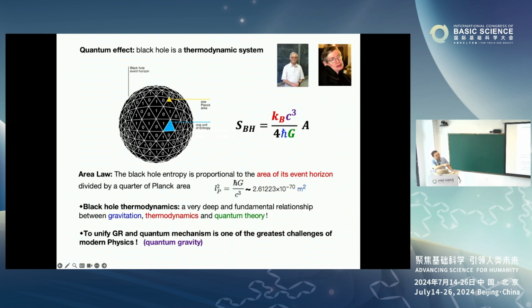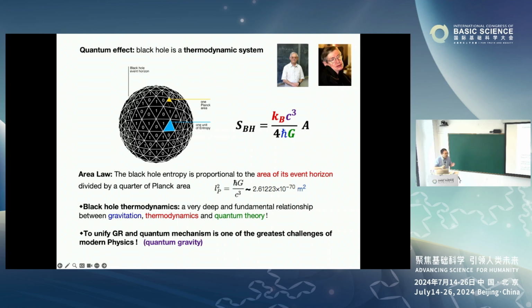This is called the Bekenstein-Hawking law. These constants are important in many different areas of physics. That means black hole thermodynamics gives a very deep and fundamental relationship between gravitation, thermodynamics, and quantum theory.